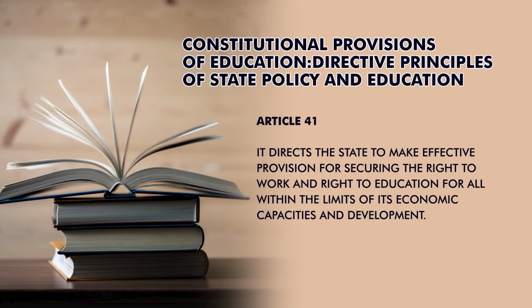Provisions should be made, and it is directed to the state that states should come out with the provisions for safeguarding the right to work for the citizens and at the same time the right to education for all within the limits of its economic capacities and development.